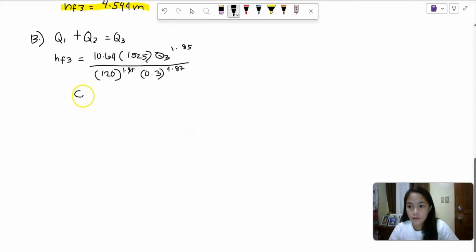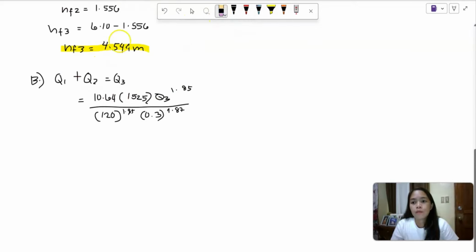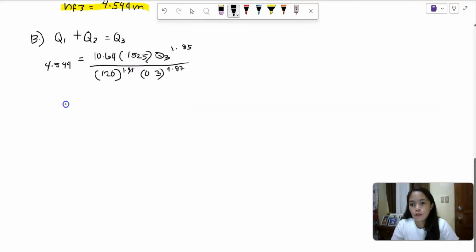We already have, since our HF3 is equal to 4.544, so let's just substitute 4.544. So input in the calculator, then shift solve.